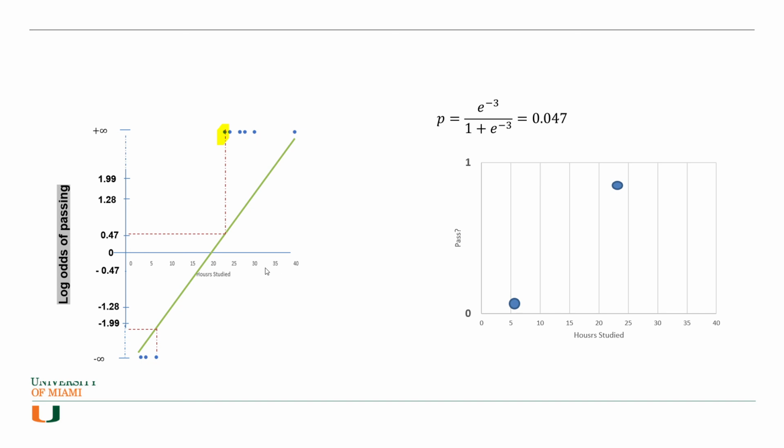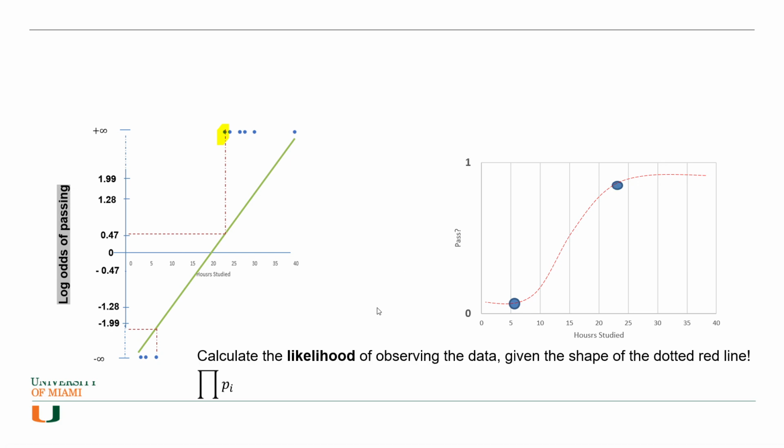So once you do this for all of the observations in your data set, you can have a line that goes through them, and then you basically can calculate the likelihood. What does it mean? It means that you're going to calculate the likelihood of observing the data given the shape of the dotted red line, right?